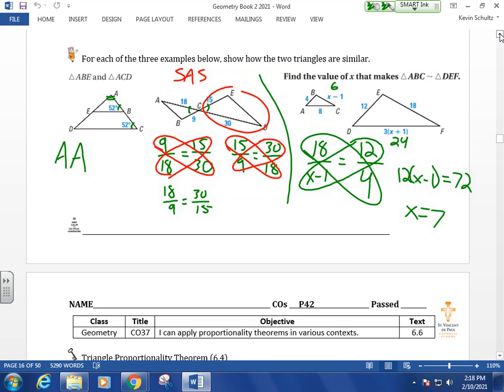Page 392, 5 through 12. It's 8 actually. No, I think that's all I gave them. Just 5 through 12. Oh wait, no. Hold on. Hold the phone.